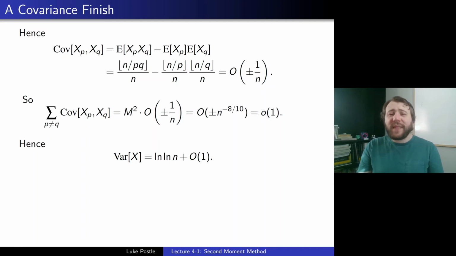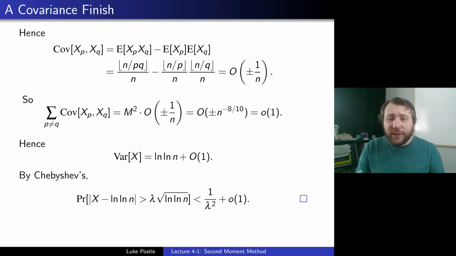And now we're almost done, because by Chebyshev, the probability that x minus the expectation, that's log n, is bigger than lambda times the standard deviation, which here would be square root log n, will be less than 1 over lambda squared plus little o of 1.